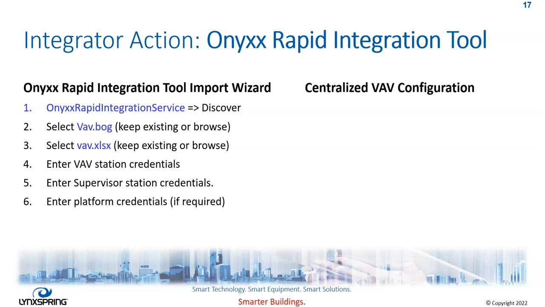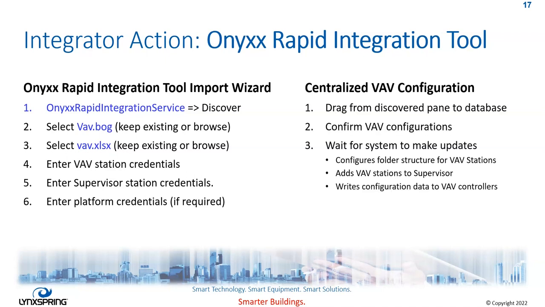Once the import is complete, we're going to drag and drop one or more of those entries from the Discover pane to the database pane. From there, a pop-up box is going to allow us to make any last-minute changes before the system starts the configuration process.